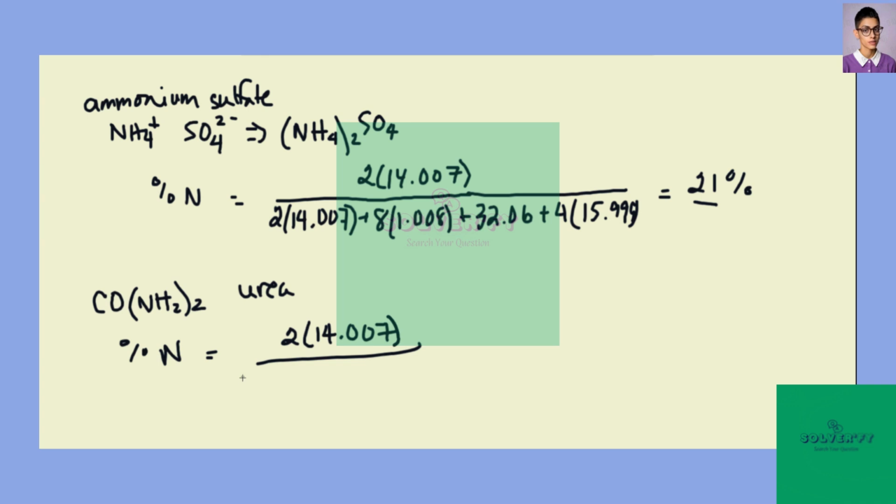And the mass of the whole compound is the mass of carbon plus the mass of oxygen plus 2 times the mass of nitrogen plus 4, because there are 2 times 2 hydrogens. And this equals 47%.